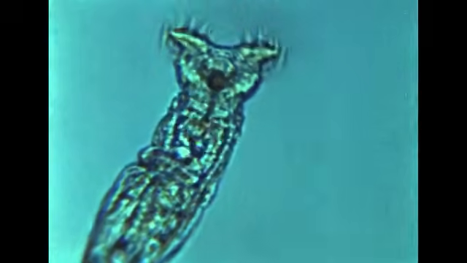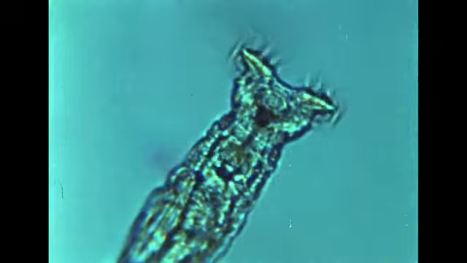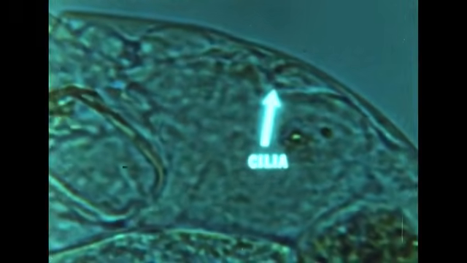The beating of cilia in flame cells can also be seen in a rotifer. Flame cells remove water from spaces around the cells.